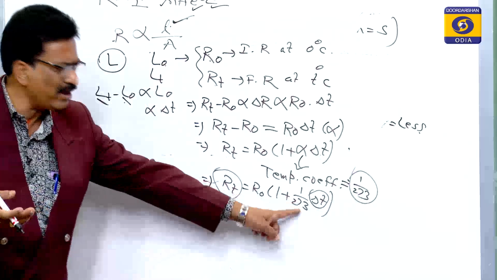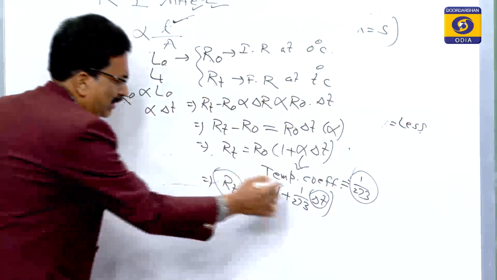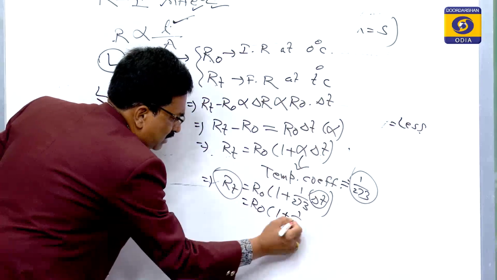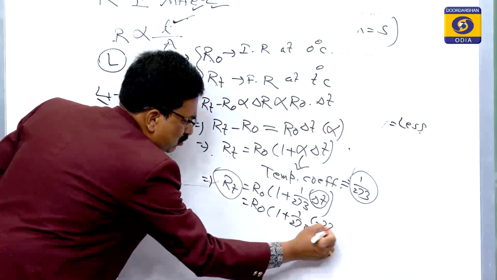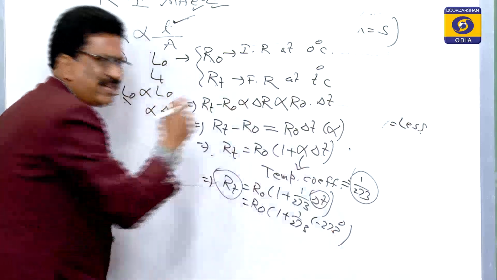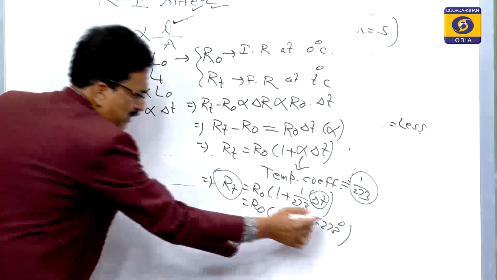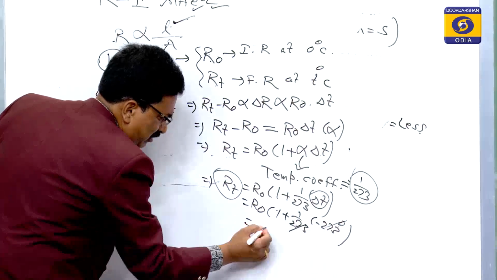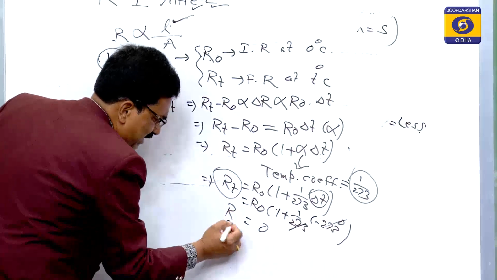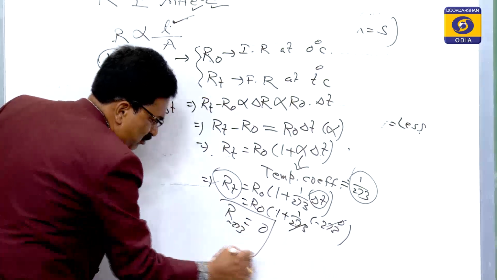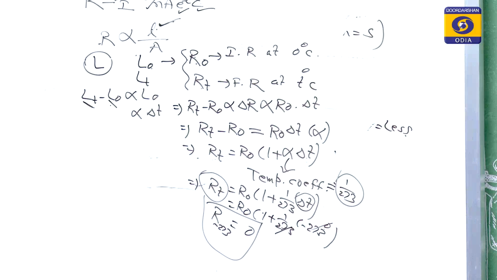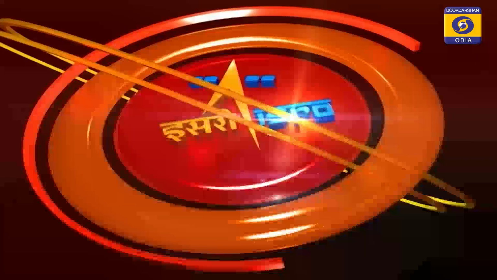And if del T, the change in temperature, is minus 273 degrees, that is absolute zero, then the 273 cancels, 1 minus 1 is 0. So the resistance at minus 273 becomes 0, and that is known as absolute zero temperature.